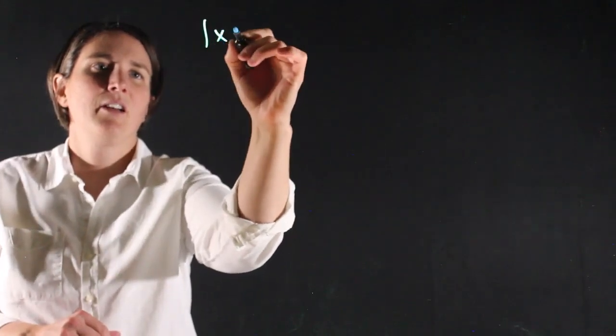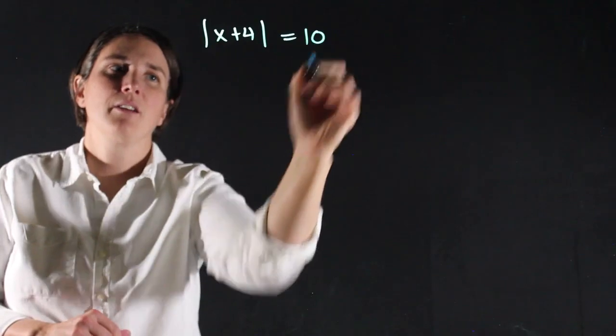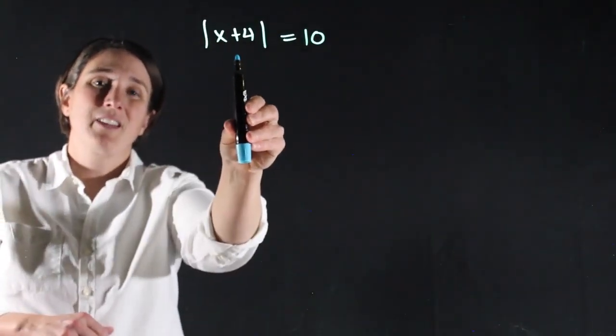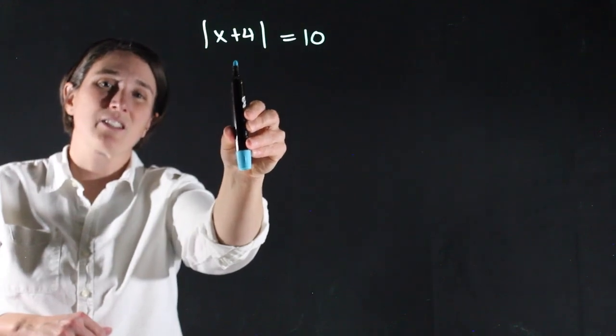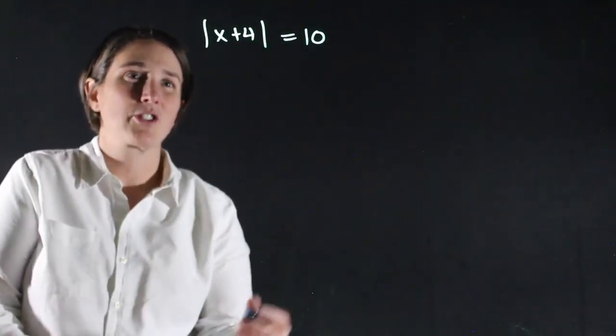Alright, so now we're going to add a little bit to this absolute value. Let's say we have the absolute value of x plus 4 equals 10. Well, we know that this absolute value still represents distance in the positive direction and in the negative direction.